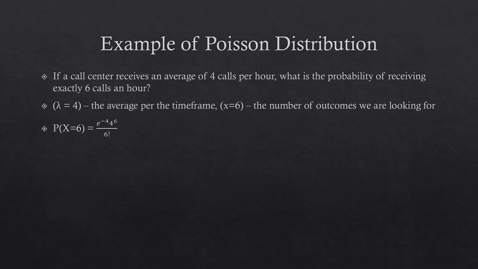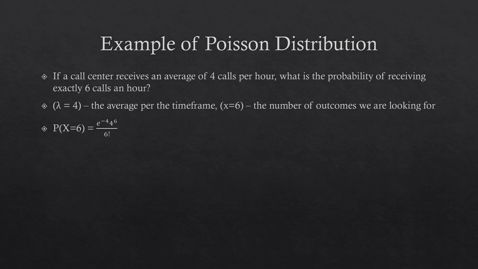So an example for this is if a call center receives an average of 4 calls per hour, what's the probability of receiving exactly 6 calls an hour? Since we're looking for it in terms of hours, we don't have to change it. But if it was in terms of 10 minutes, we'd have to divide the 4 by 6, since that would become our new average.